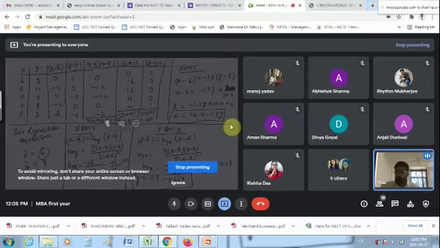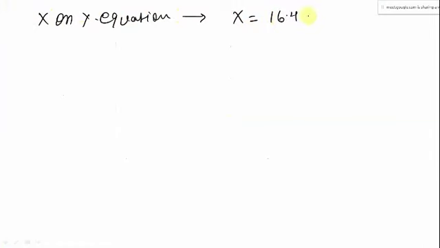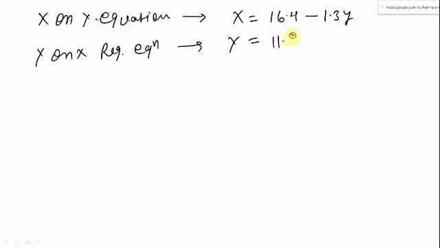So we have the x on y regression equation as x is equal to 16.4 minus 1.3y, and the y on x regression equation as y is equal to 11.9 minus 0.65x.